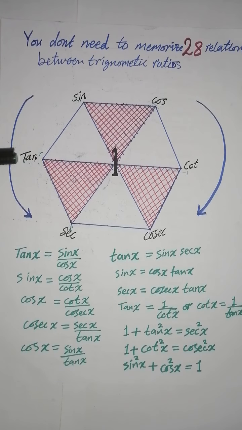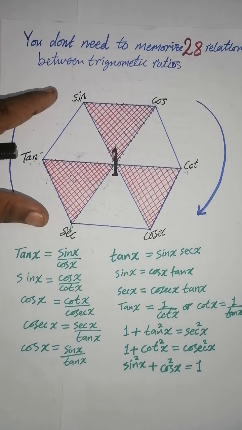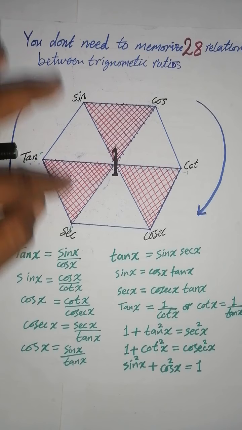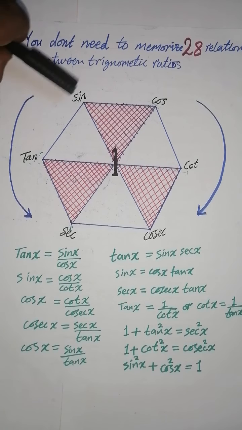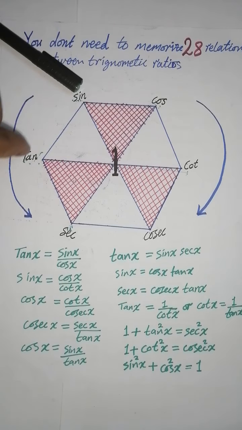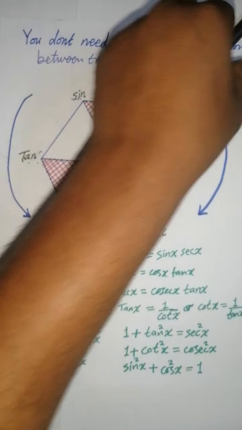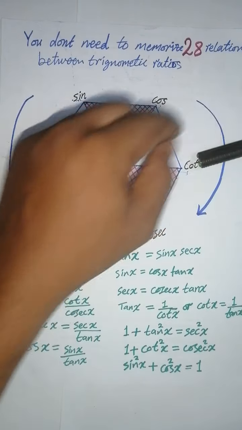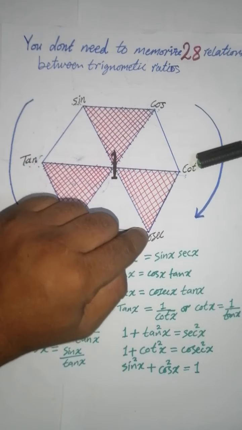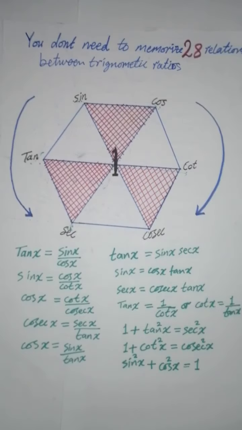And multiplying, tan, what's to the left and right? Sine and sec. So tan equals sine by sec. You can say sine equals cosine by tan. You can say that cosine equals sine by cotan. You can say that cotan equals cosine by cosec, and so on.